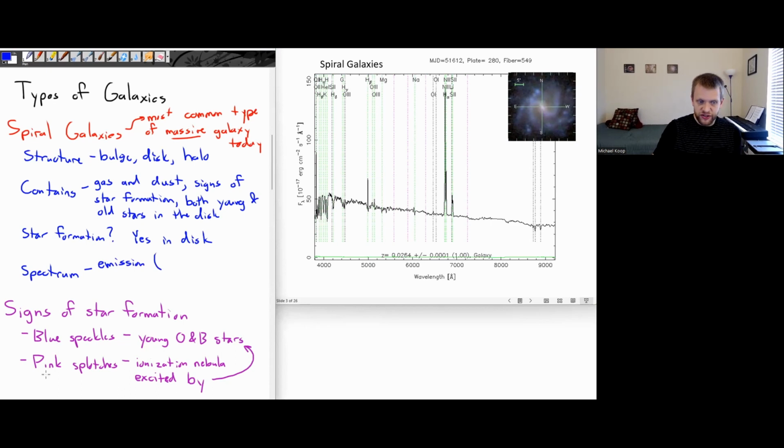And those emission lines are from these ionization nebulas, from these pink splotches. So it's the hydrogen lines. Hydrogen emission lines from the ionization nebulas.